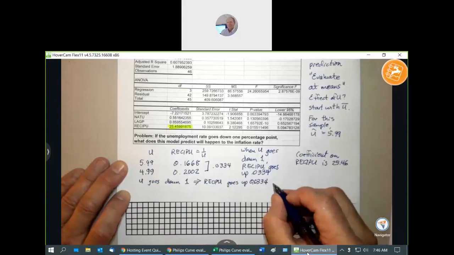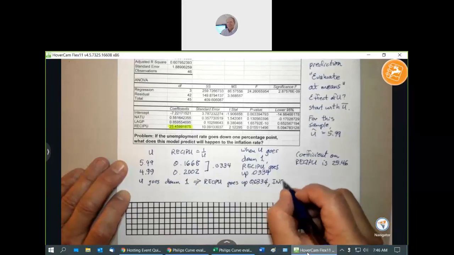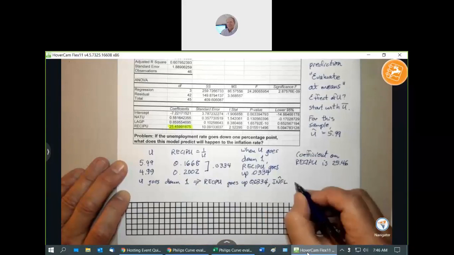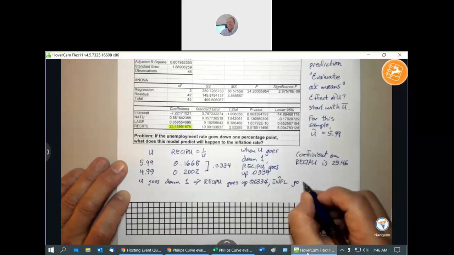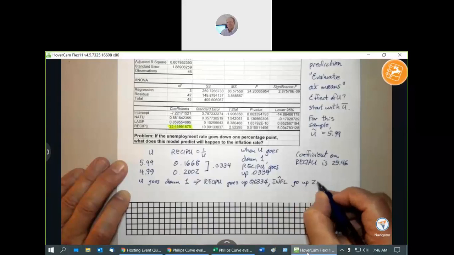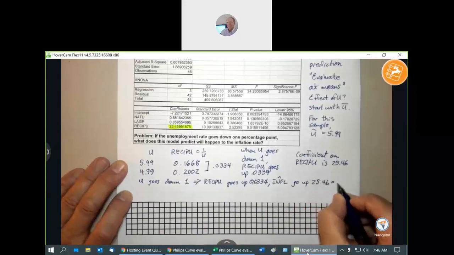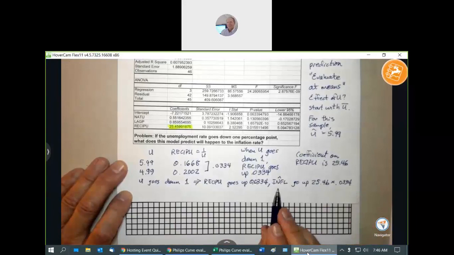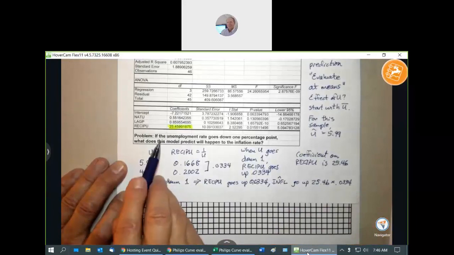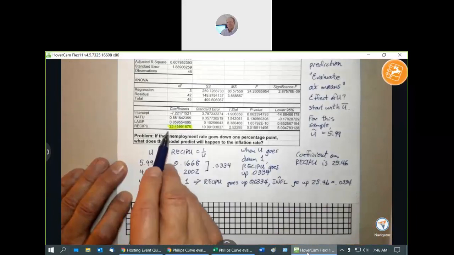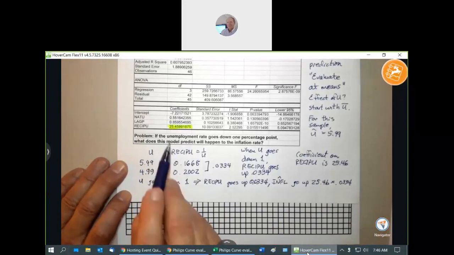And so that means that our estimated inflation is going to go up by 25.46 times 0.0334. See that? That beta hat means that if reciprocal unemployment changed one whole unit, then the inflation rate would be 25.46% higher.